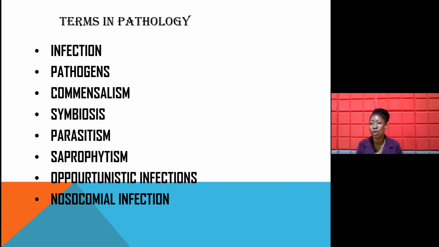So these are known as opportunistic infection. The body can no longer fight them, so they begin to affect the patient. You have to manage the patient palliatively, with a whole lot of infection. And lastly is nosocomial infection, which is also known as hospital acquired infection.